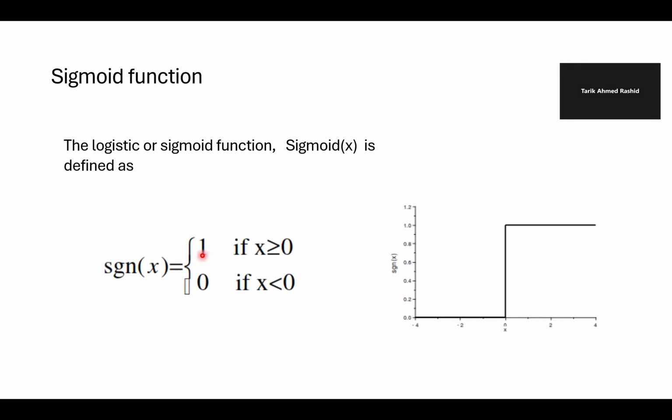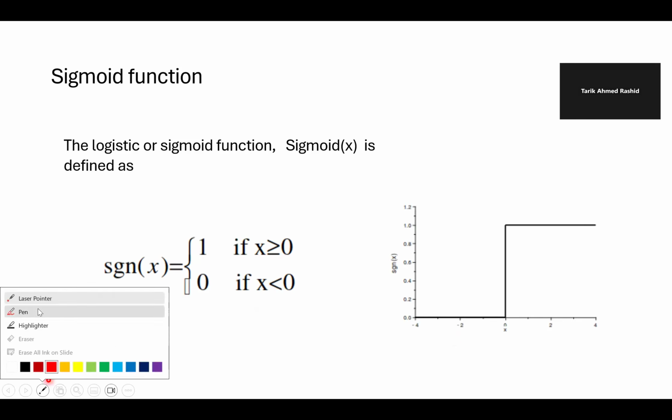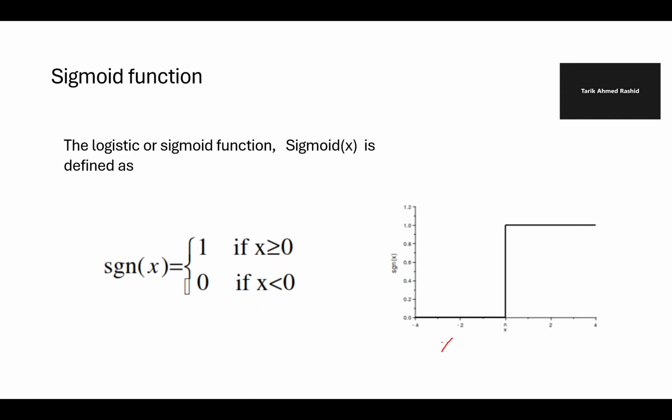Here is a sign function. Again, the net that we talked about in the previous slide, Y as a function of V. If X is here, all the way from here, the value is 0. While if your X is in here, this is 1.